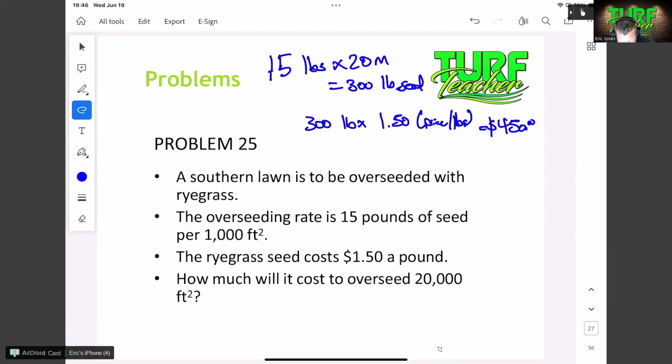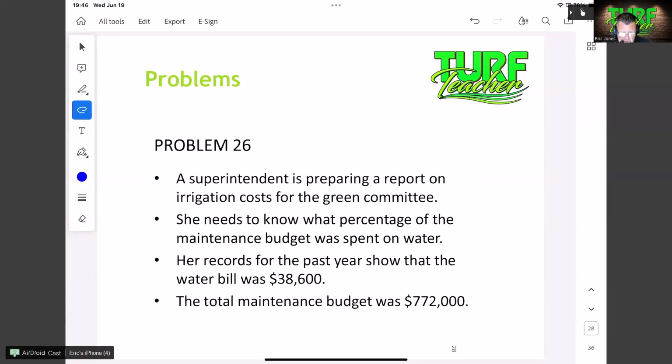All right. Problem number 26. A superintendent is preparing a report on irrigation costs for the Green Committee. She needs to know what percentage of the maintenance budget was spent on water. Her records for the past year show that the water bill was $38,600.